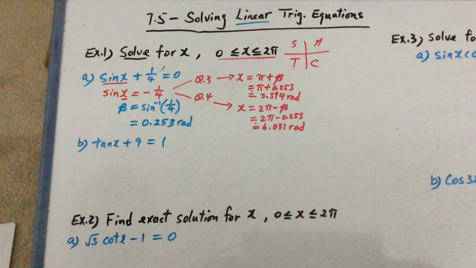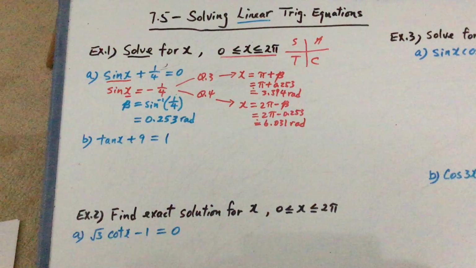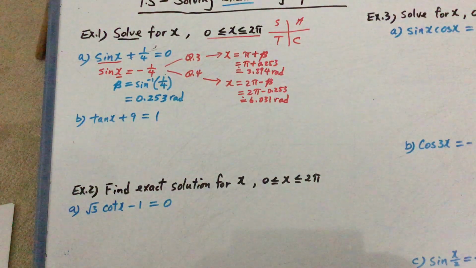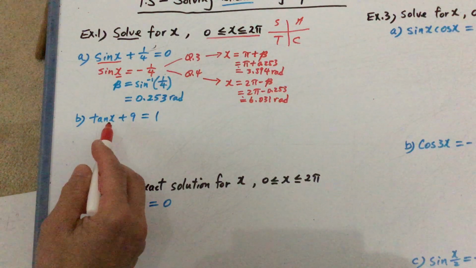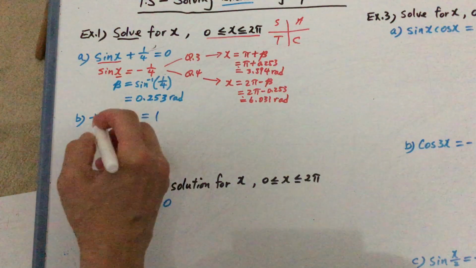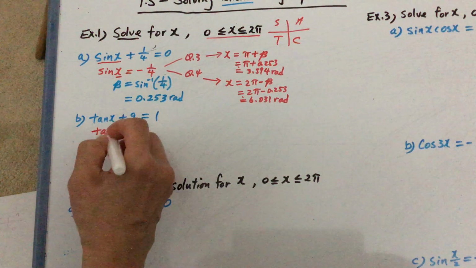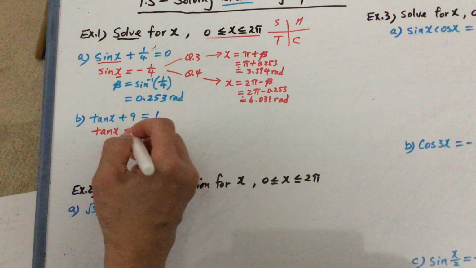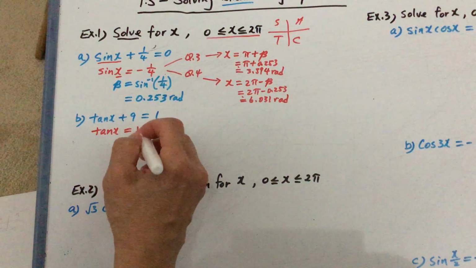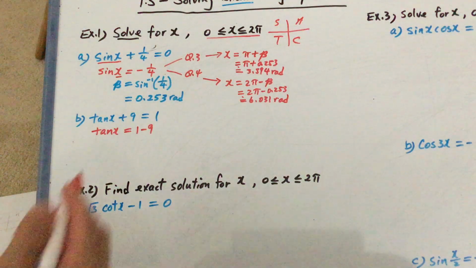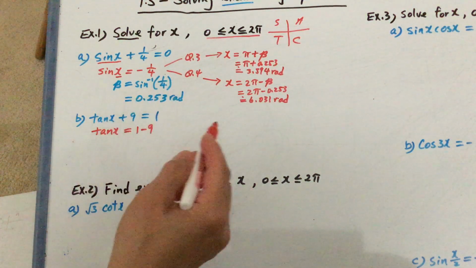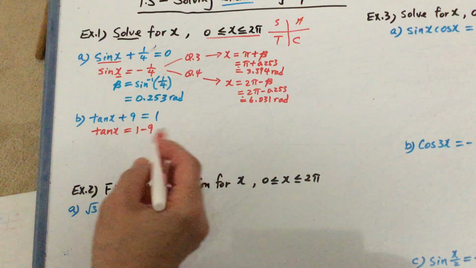Okay, so this will be the answer for part A, and so let's quickly look at part B. You have tangent x plus 9 equal to 1. So I'm going to isolate the variable term tangent x by itself, and so you bring the plus 9 over, so it becomes 1 minus 9.